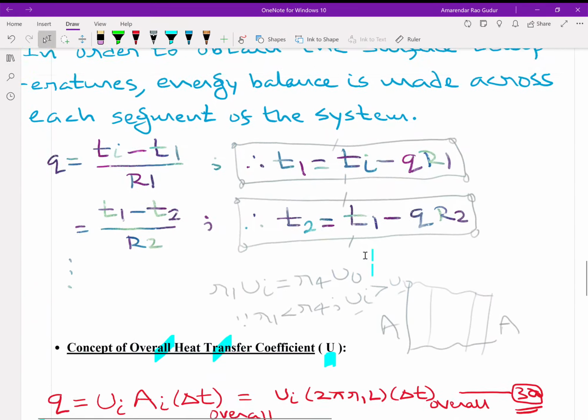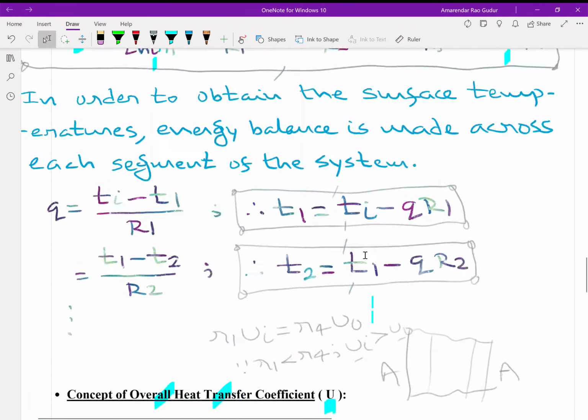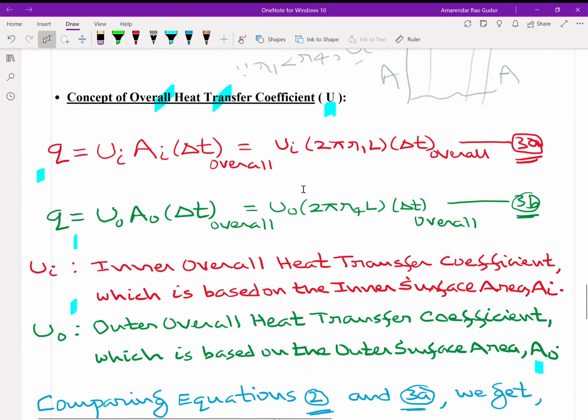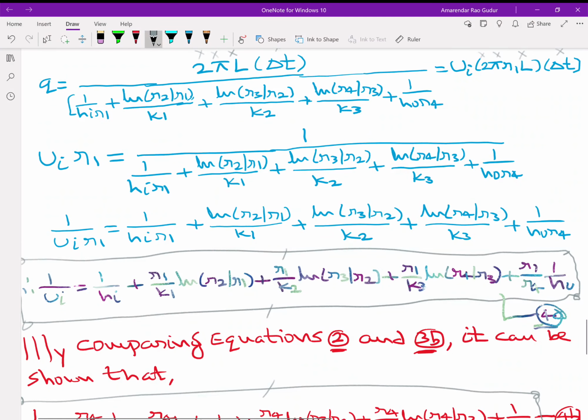Then we get to know that Q is already available in terms of basics, equation 2, and Q is available in terms of Ui and U naught. And when you simultaneously look at equations 2 as well as equations 3a, we will be getting the expression for Ui. That is a simple mathematical manipulation.